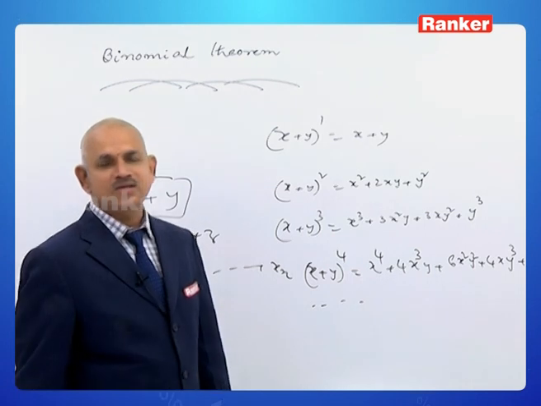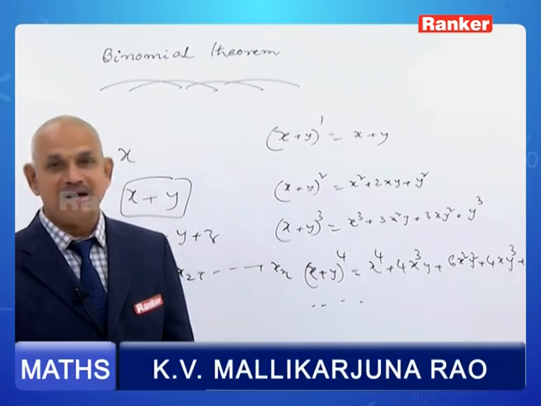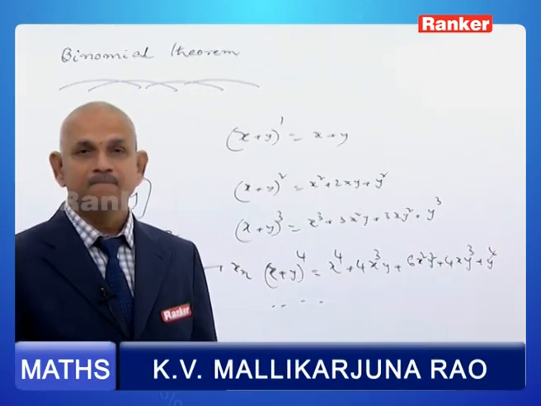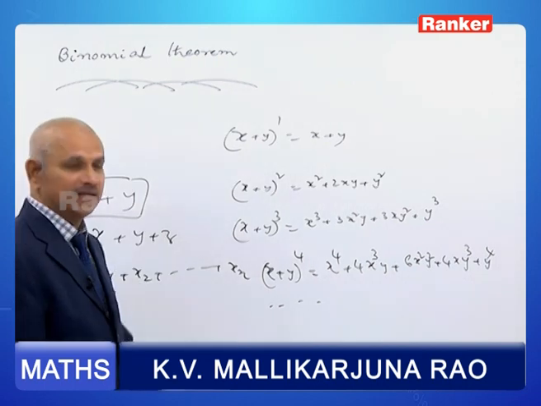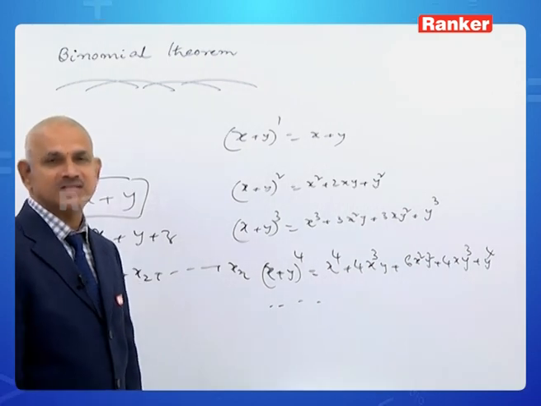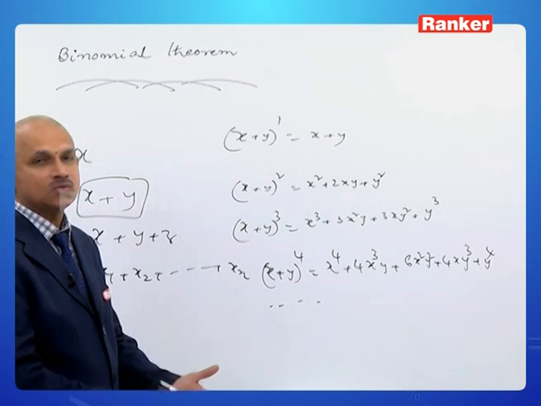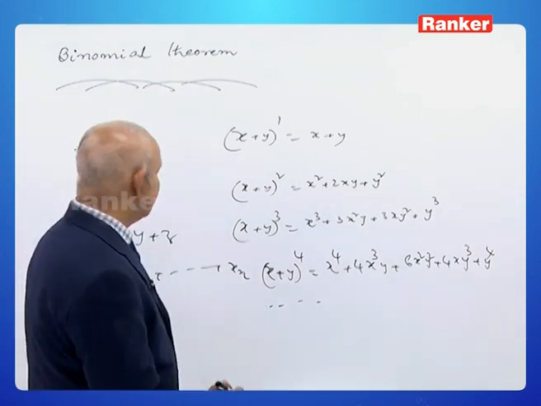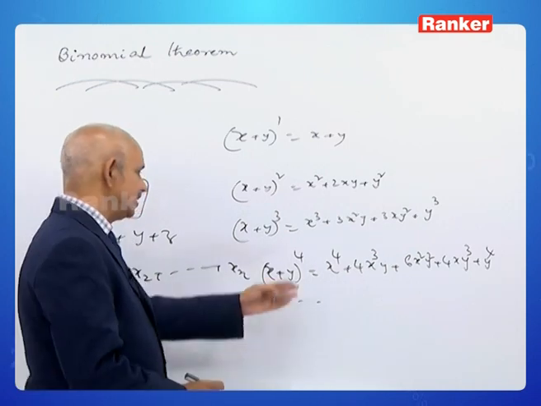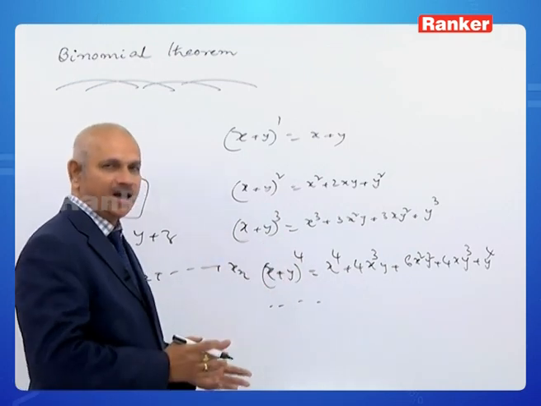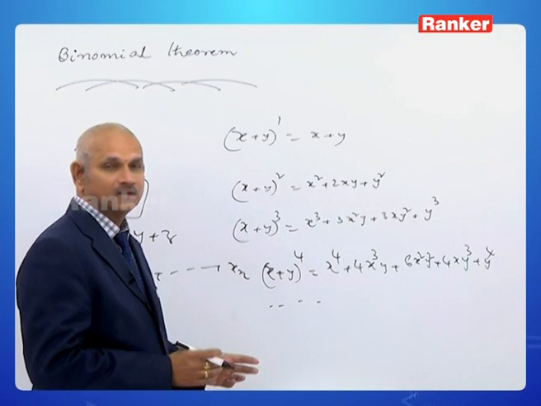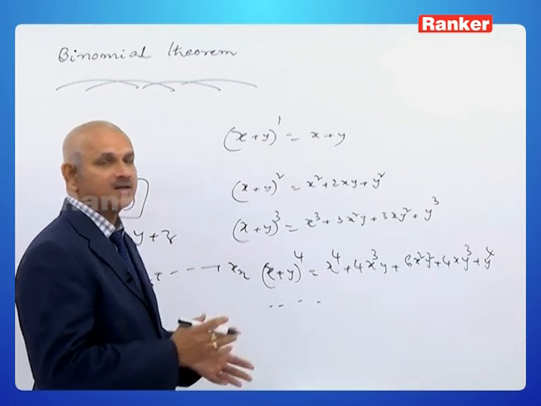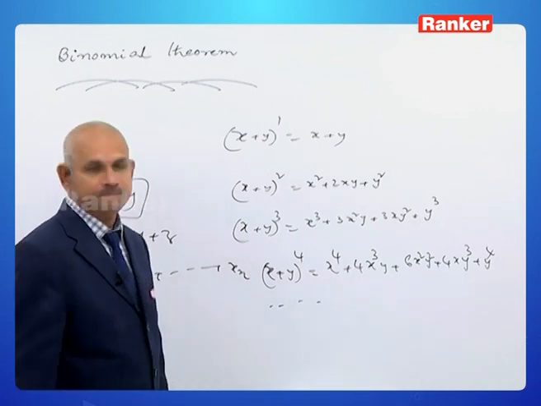Suppose I need x plus y whole to the power of 10. Then proceeding in this way is of course a tedious job, multiplying x plus y into x plus y into x plus y 10 times. So for higher indices, we need a particular format or a procedure.